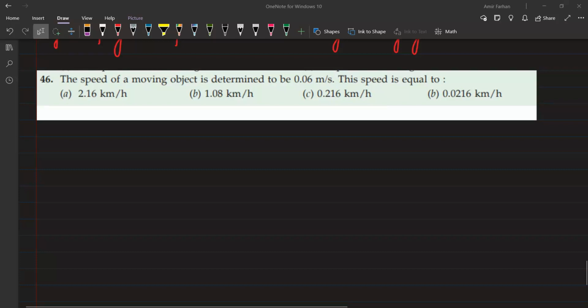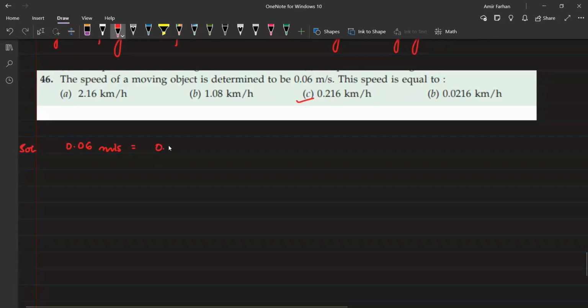Okay, option C is correct. Both of you got the right answer. Very good. So the formula you can use directly if you want to convert from meter per second into kilometer per hour: I've told you that for converting kilometer per hour into meter per second the number is 5/18.